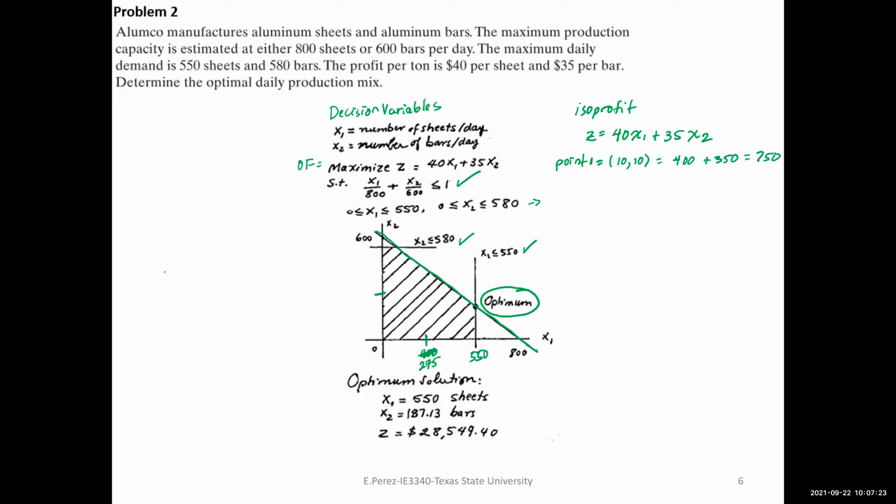and this is 750. So I now have to find another point that when I substitute the numbers here, 20 times something plus 35 times something, gives me 750. Can we find a combination easily here?